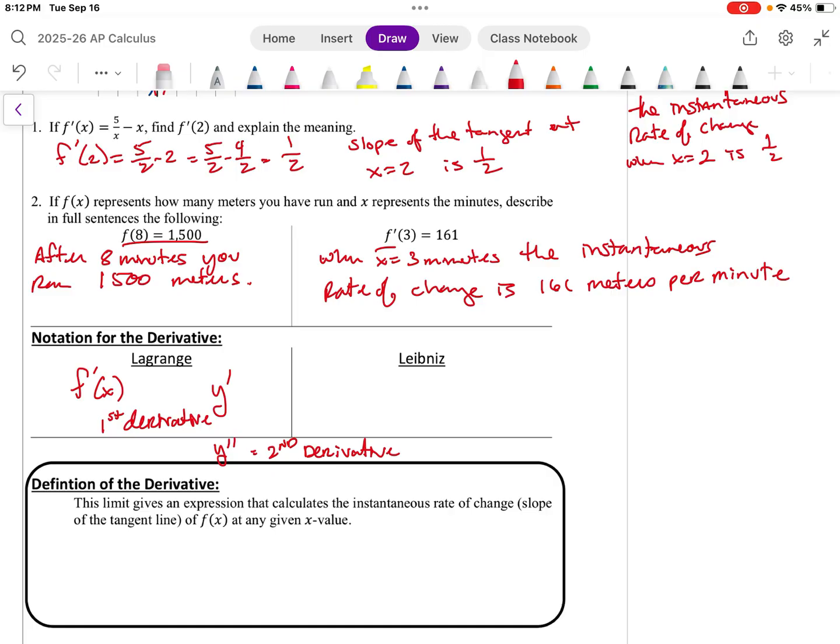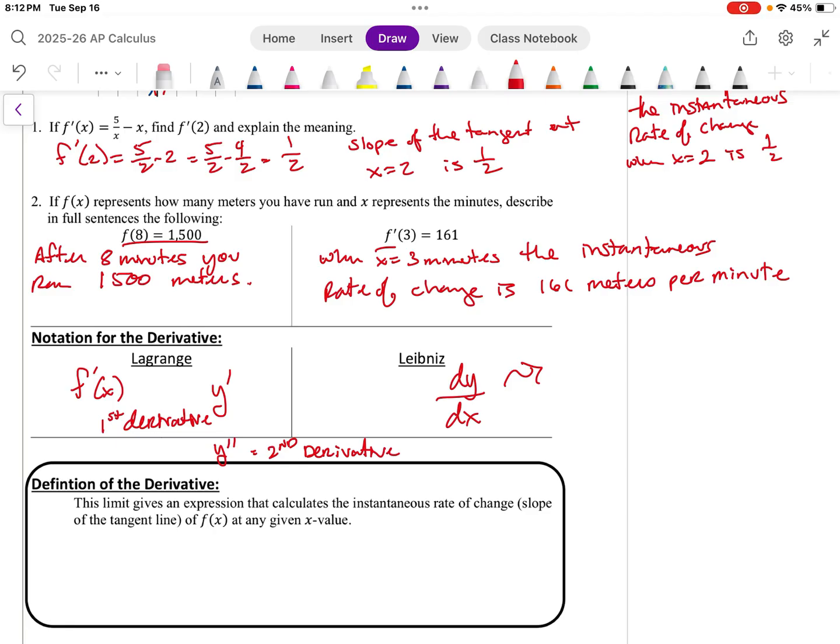The Leibniz notation is where we're actually using the d. We usually see dy dx as the notation. We want to make a note of this because it helps with later chapters.